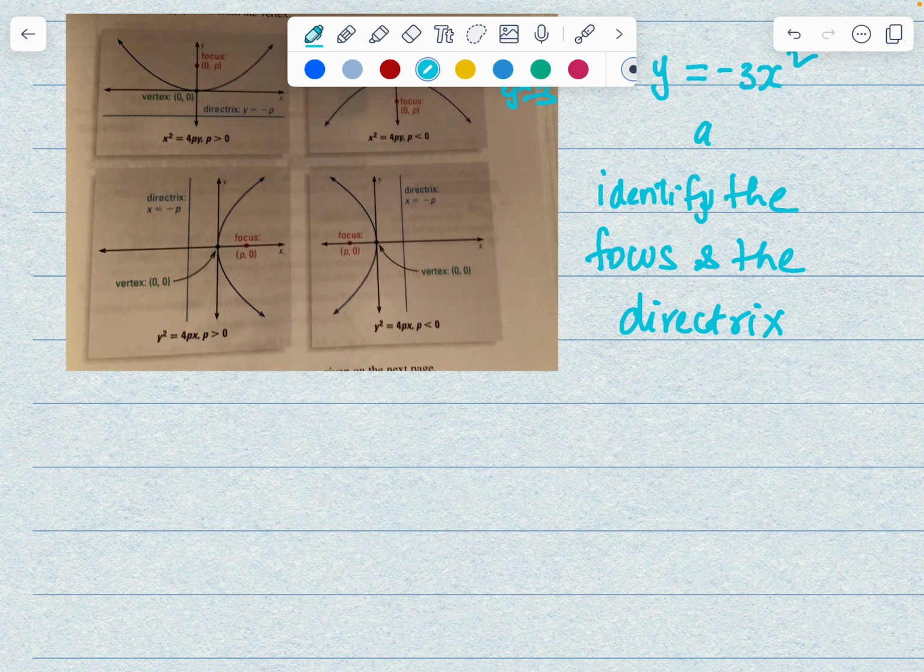So let's say identify the focus and directrix given by x is equal to negative 1/6 y squared. So you have to identify the focus and then you have to identify the directrix.